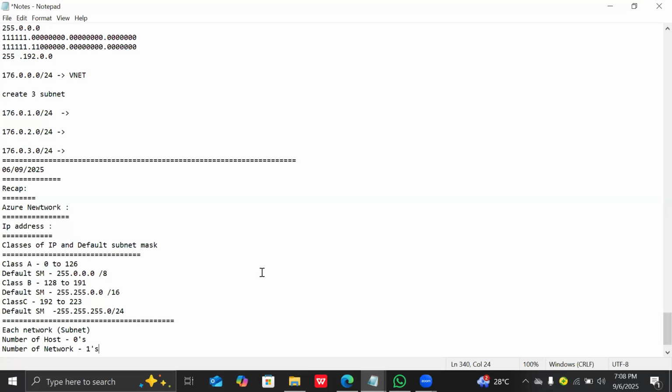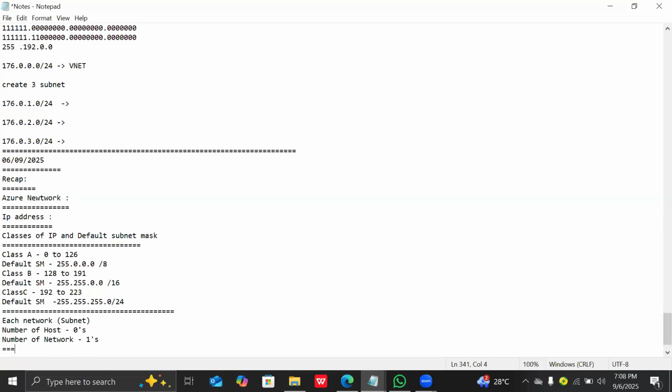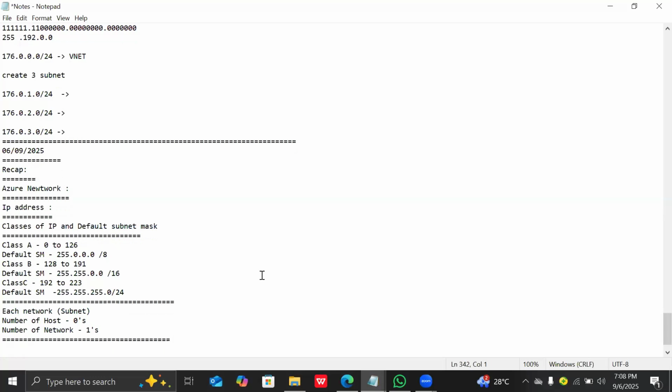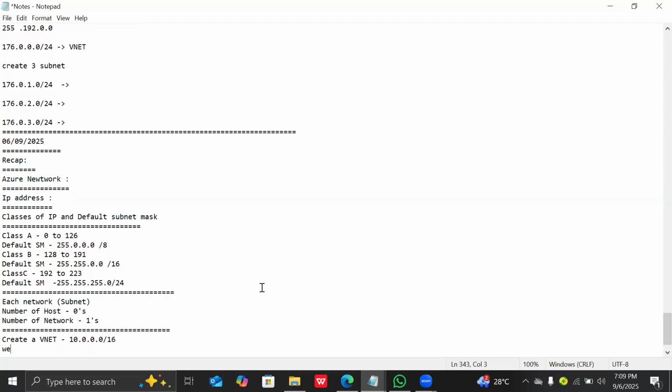And also we understood that if anyone gives a requirement, when we become a cloud administrator, the requirement comes to us: create a VNet. They would give you an IP address like 10.0.0.0/16 and ask you to create two subnets on this network.